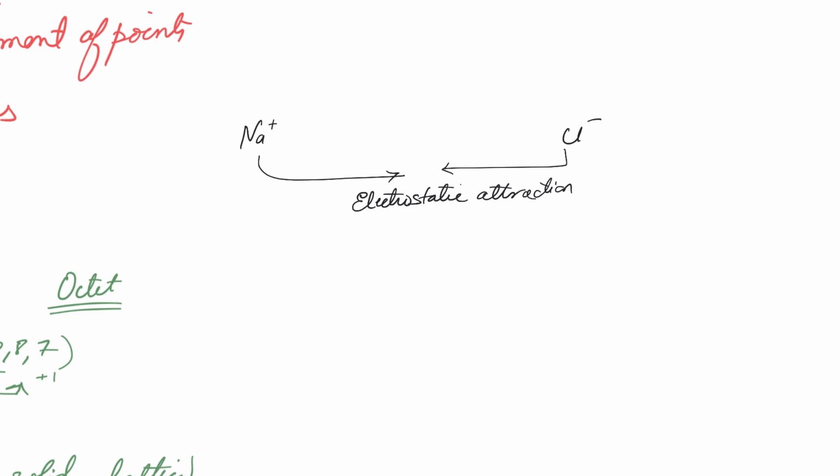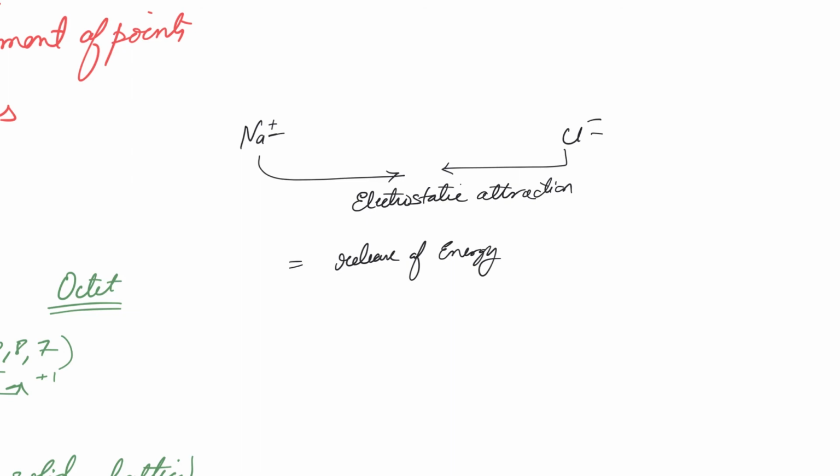When these two charges are brought closer to each other, there will be a release of energy. Why should there be a release of energy? Simply because it's better that they are closer. If you keep two opposite charges away from each other, you need energy to do that.